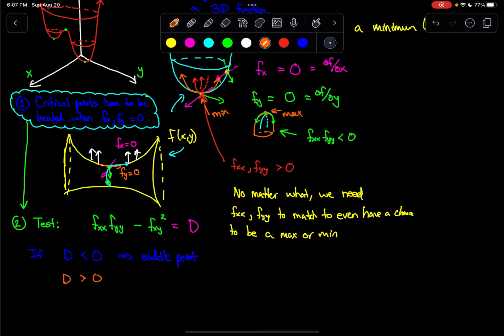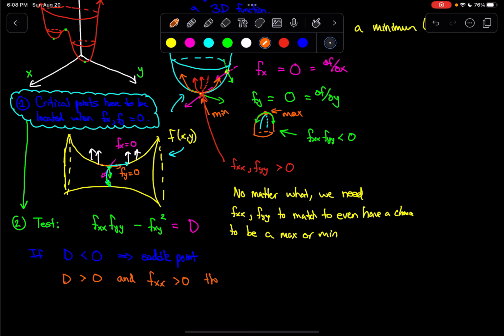So if this is positive, okay, if this is positive, and the second derivative, right? If we're concave up in the x direction, well, if we're concave up, if we look like this, that means that we should have a minimum.